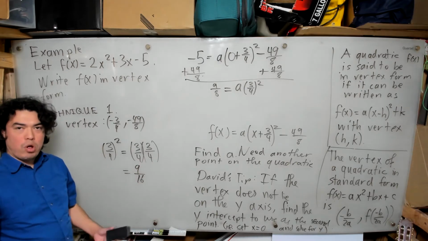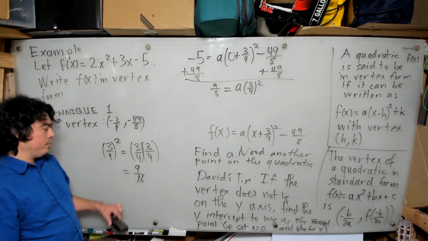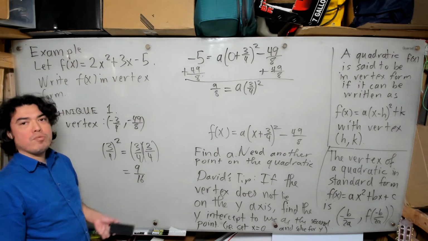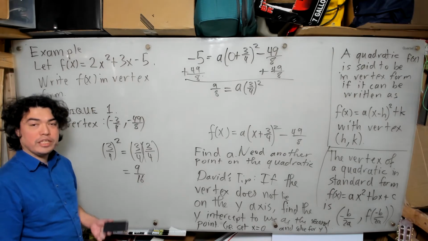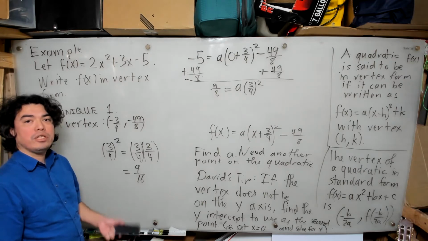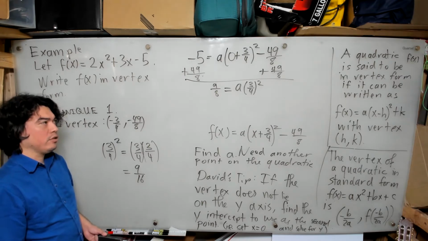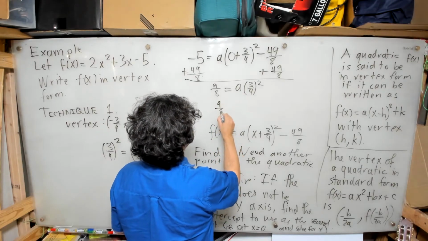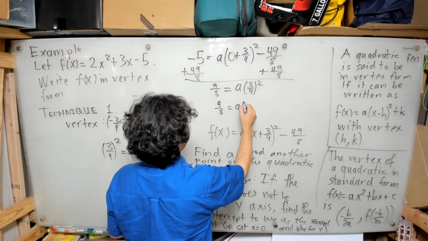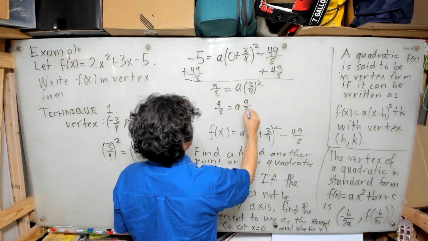That follows because whenever we multiply fractions, the product is the fraction whose numerator is the product of the numerators and whose denominator is the product of the denominators. So I can rewrite this as 9 over 8 equals a times 9 over 16.